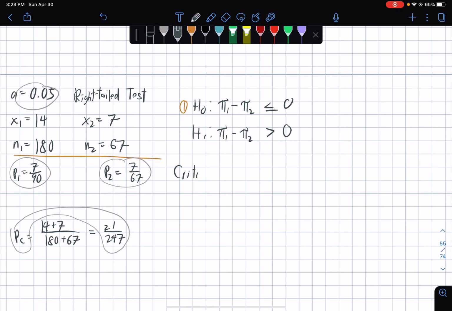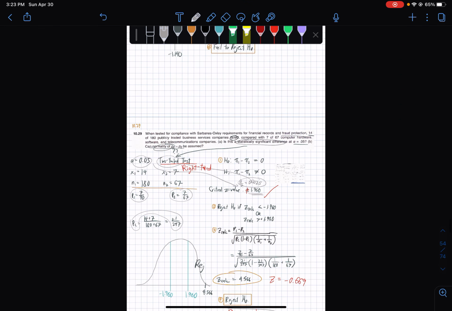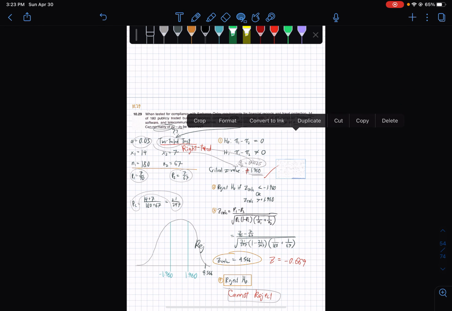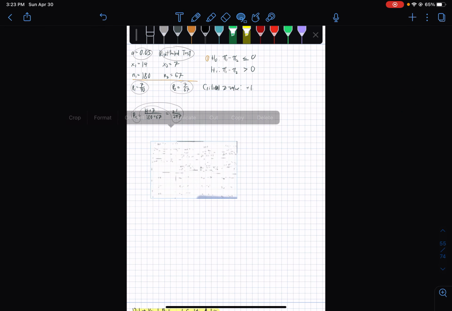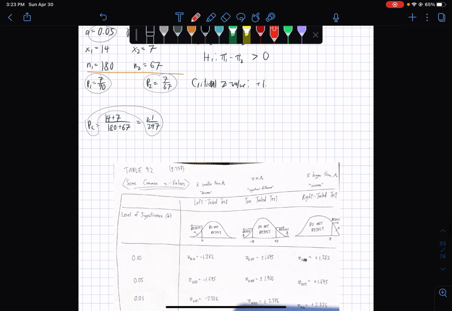For the critical Z value, we have positive 0.05, and it's a right-tailed test, so 0.05 right-tailed goes here. It's positive 1.645, I think.